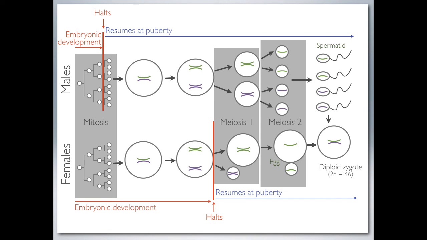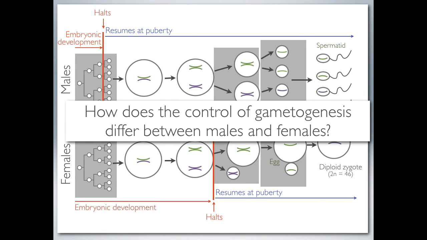All right, so our question in this context, now that we've laid out the timing of the production of gametes, is how does the control of all of this differ between males and females? We see that there's a difference in timing. This is all mediated by hormones, and how is that achieved? And so that's the question we'll address on Wednesday.